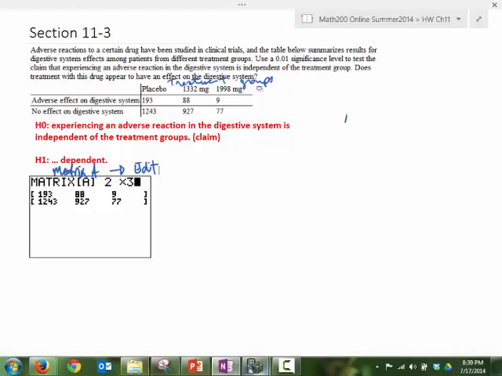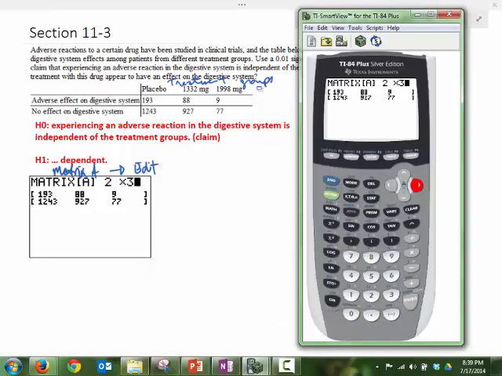After we put in those values for matrix A, we left there and we just went to stat, test, chi-square test.